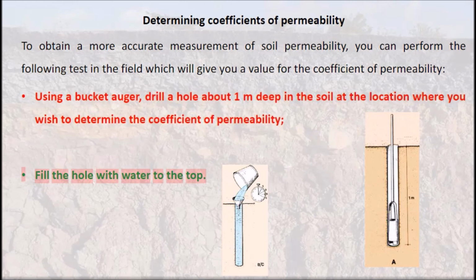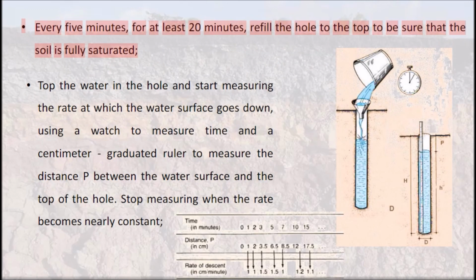Fill the hole with water to the top. Every 5 minutes, for at least 20 minutes, refill the hole to the top to be sure that the soil is fully saturated.